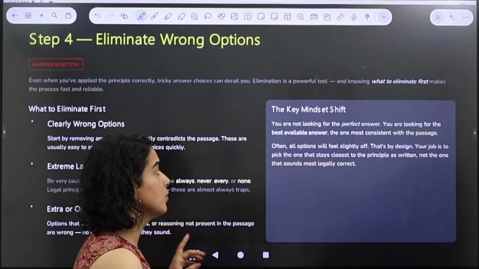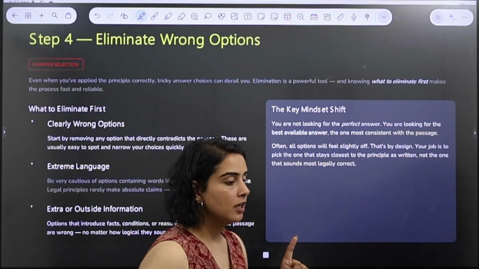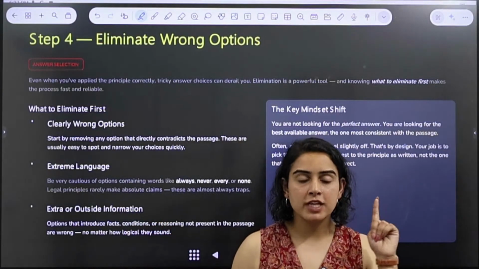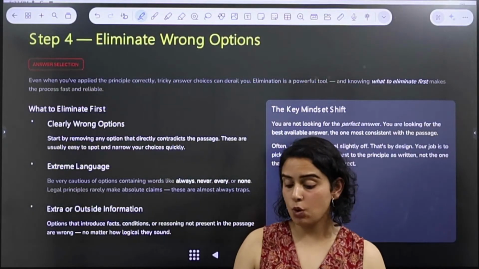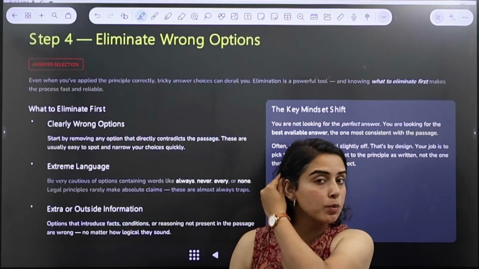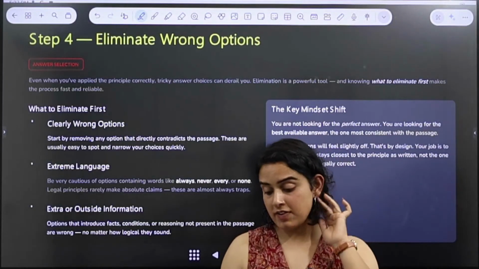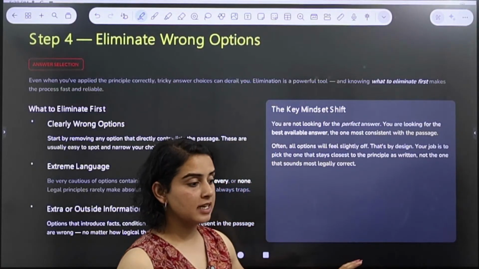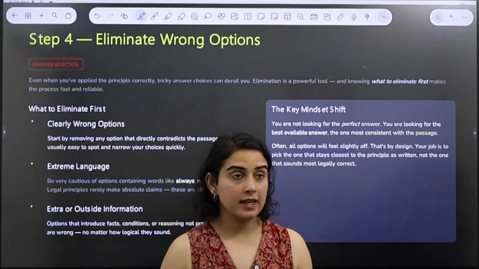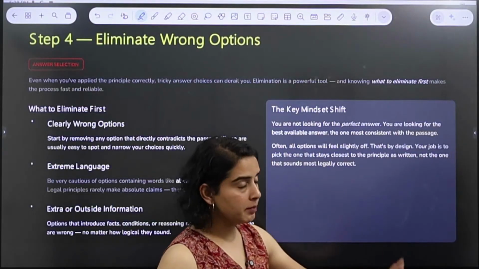So what do you have to keep in mind? You do not have to directly look for the correct answer. You first have to identify the incorrect options that are there. And once you have identified those incorrect options, then you have to look for the answer that is actually correct.